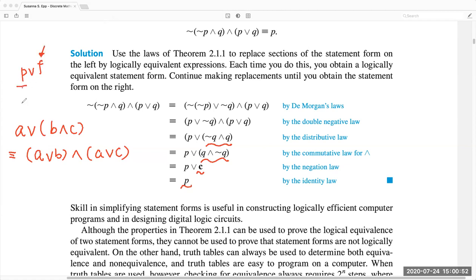So let's say P is true or P is false. This is always a false statement. If P is true, then P or false will give you true. If P is false, then the final output is also false. So it doesn't matter. It is equivalent to P.